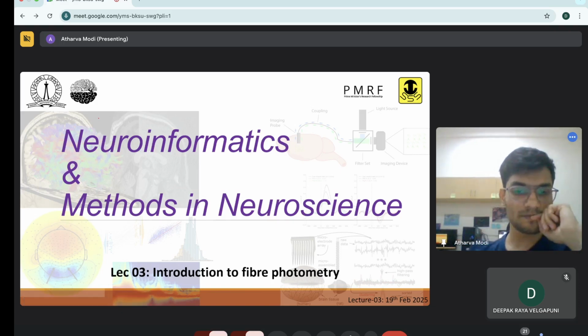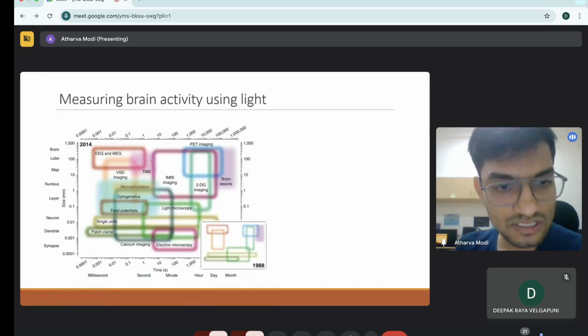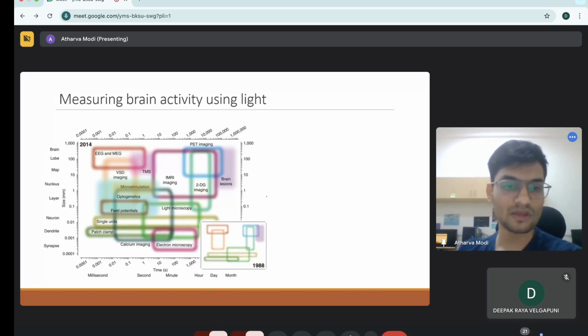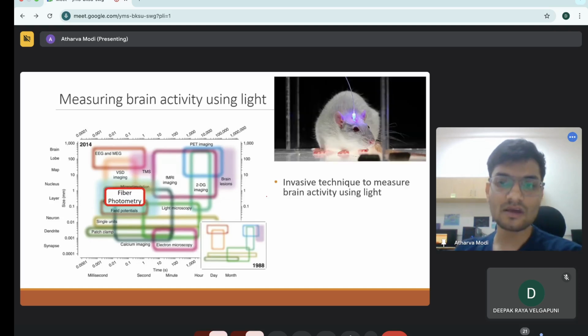So we saw this image multiple times when Deepak was presenting and in the introductory lecture. These are all different spatial and temporal scales and different kinds of techniques that are available to us to study different kinds of function in the brain.